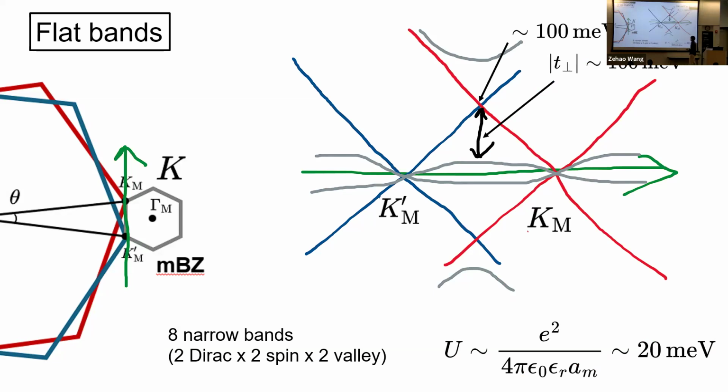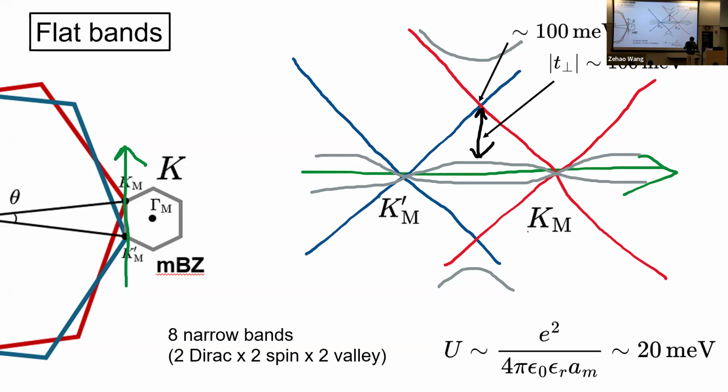Let's allow the electrons to tunnel between the layers. This is how the layers know that they're in a moiré material. You'll get avoided crossings whenever these bands cross, and the band crossing will be pushed up and down, forming moiré bands, given by these gray bands up here and down here.